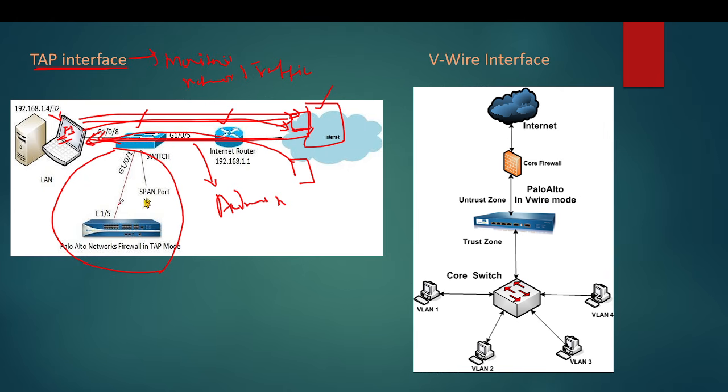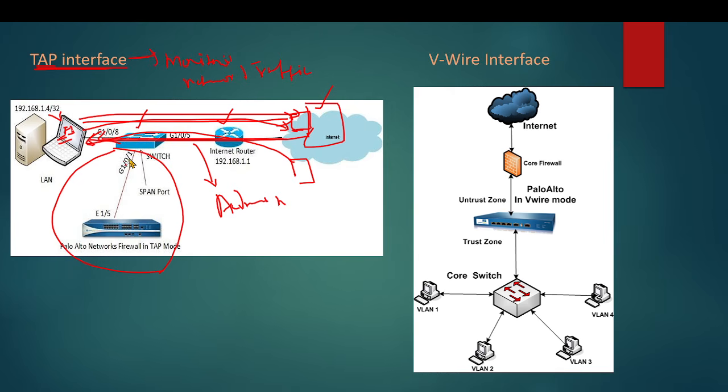But if he wants to add a Palo Alto firewall for monitoring his network, he wants to use a tap interface without changing any network configuration. Without changing any network configuration here, we are going to add a Palo Alto firewall and monitor the traffic.